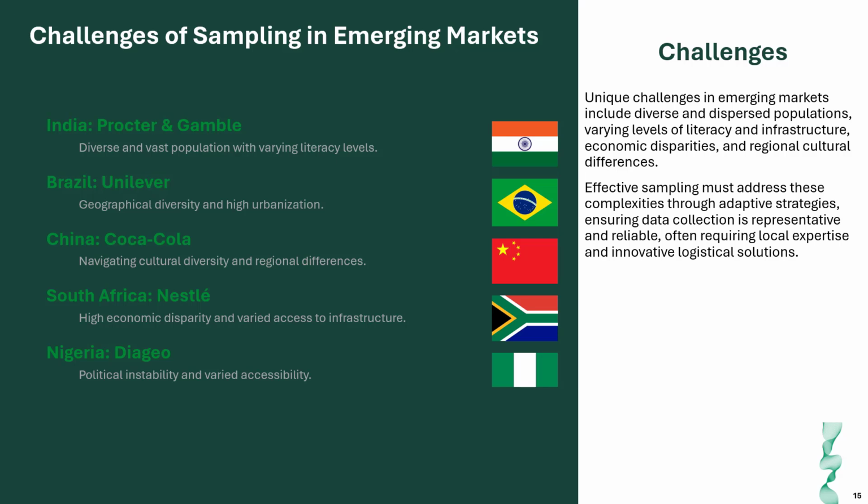And they employed as a solution here local partnerships for data collection, leveraging local knowledge to navigate logistical challenges. Robust training programs for enumerators were implemented to ensure data accuracy, allowing the company to obtain reliable market insights despite the challenging environment.